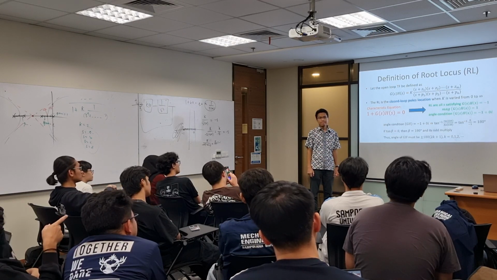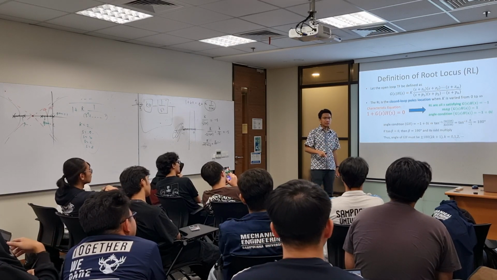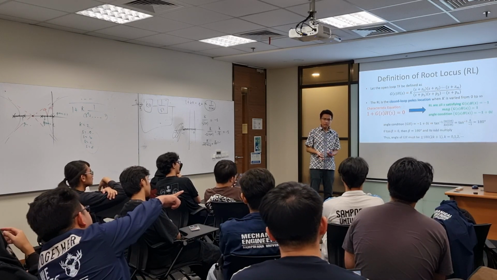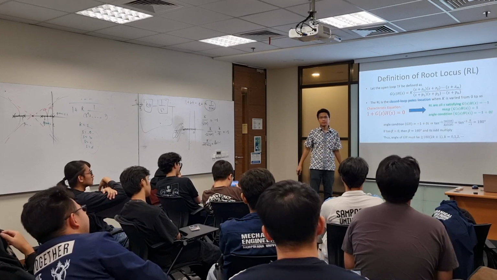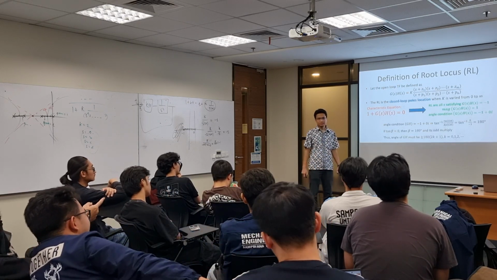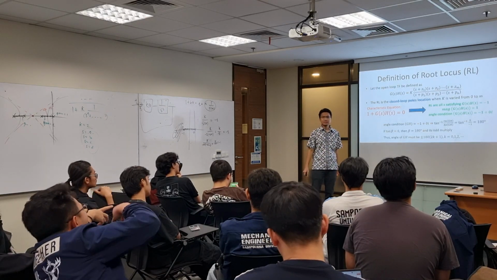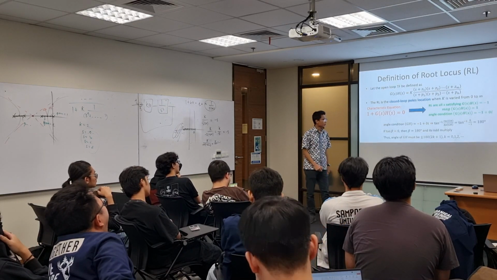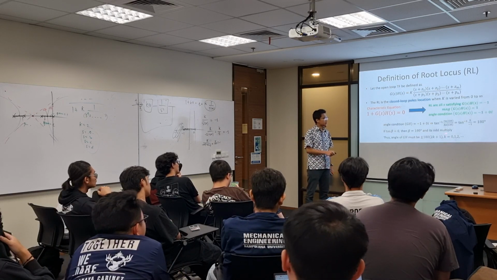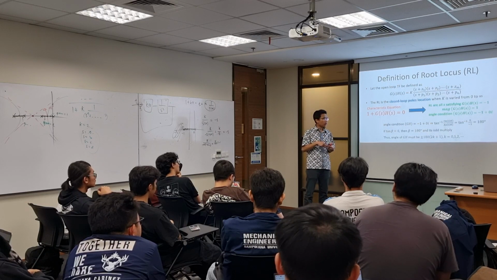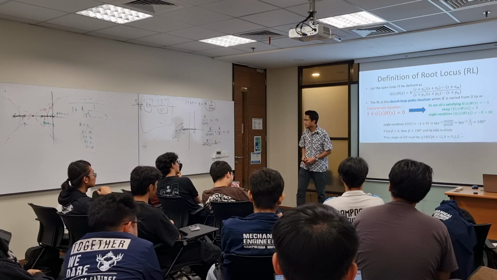Odd multiple means 180, not 360, but 540, etc. You multiply by 1, by 3, by 5. So in that case, the sum of the angle must be 180 and it's an odd multiple.